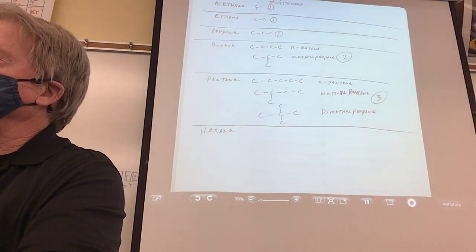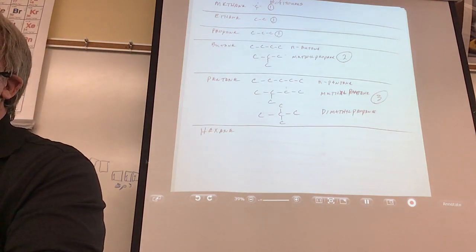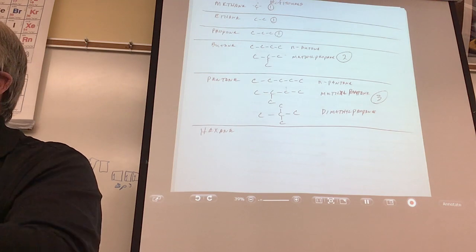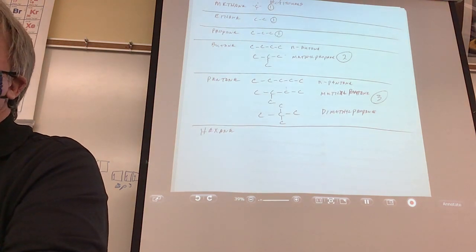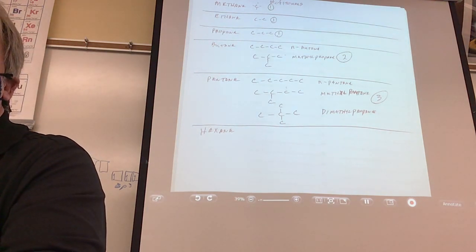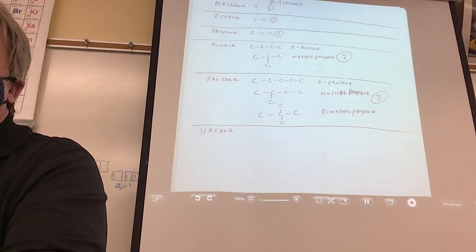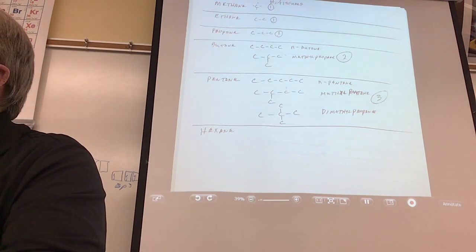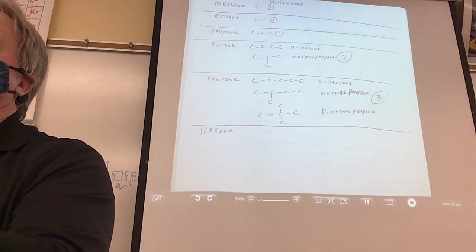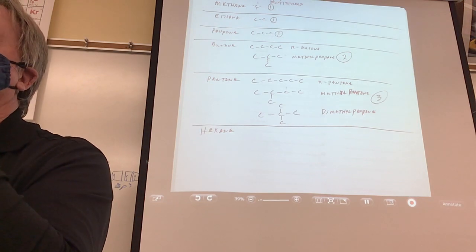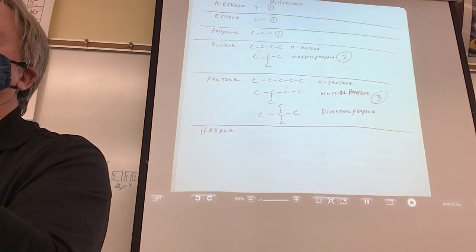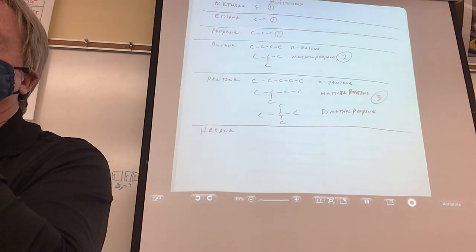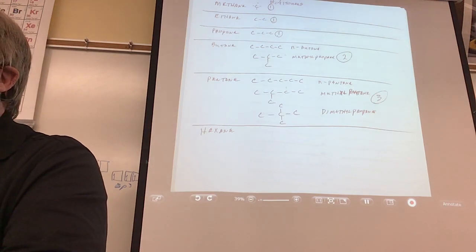You could have 3 people in a group if you just want to move around here, or you can sit anywhere you want. I bet you got the first one done already, don't you? And by the way, when you name them, if you have the same name, you'll know that that was the same isomer, and you can get rid of that one.